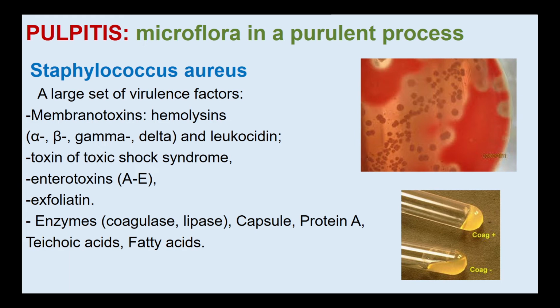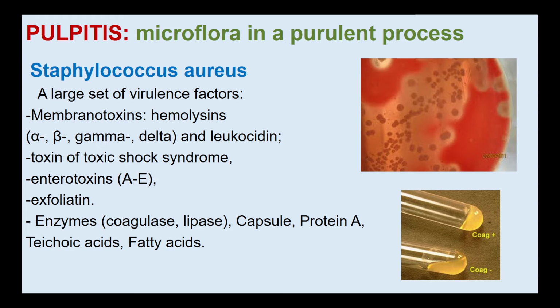Staphylococcus aureus has different virulence factors. It produces different types of membrane toxins which destroy different types of cells: alpha, beta, gamma, delta toxins, or leukocidins, which destroy erythrocytes, leukocytes, and others. Staphylococcus produces toxic shock syndrome toxins, which spread in blood and can cause shock syndrome.